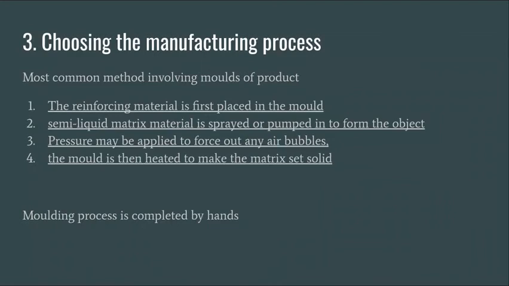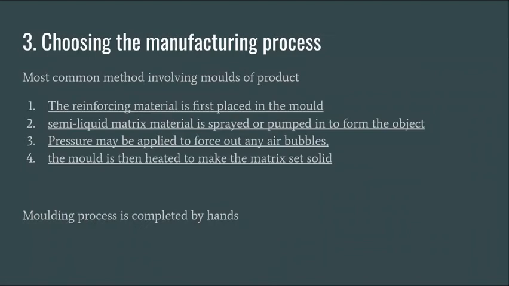So then pressure may be applied to force out any air bubbles that may occur in that mold. So the mold is then heated to make the matrix set solid, because none of these materials that we talk about in material science are in a liquid state. We are usually dealing with solids, so they will heat this mold to make a composite that is solid.